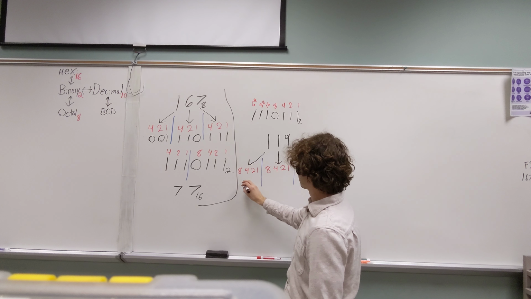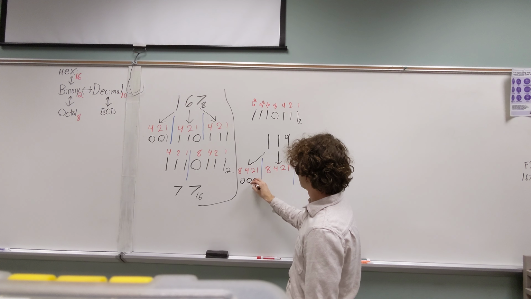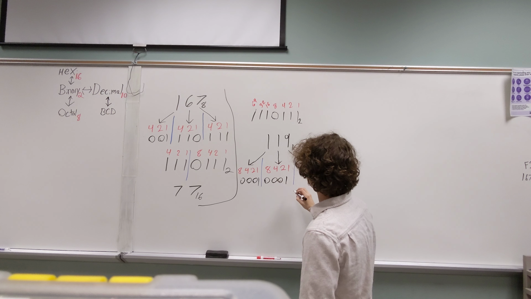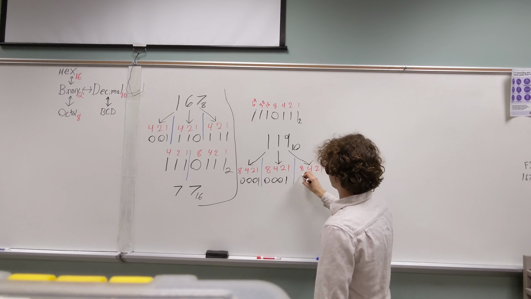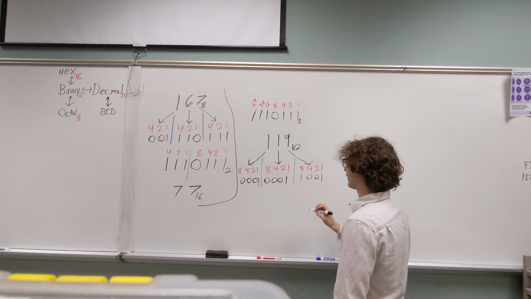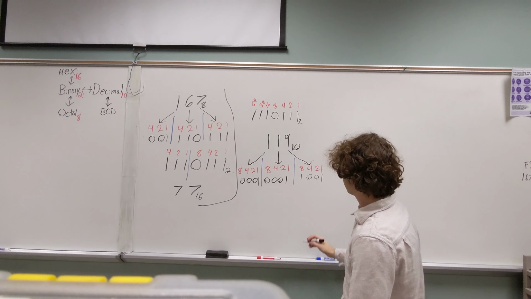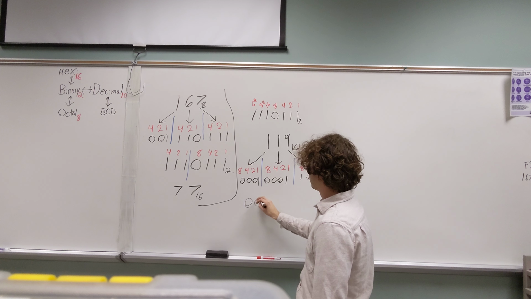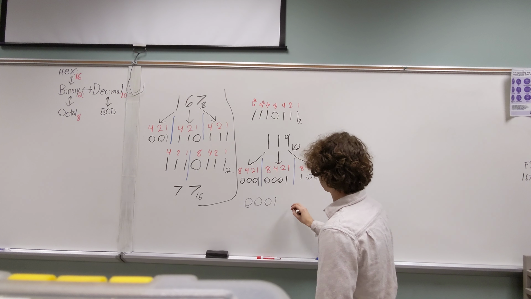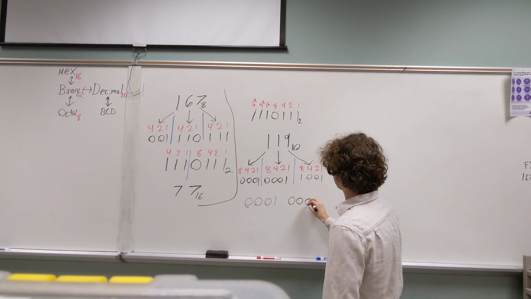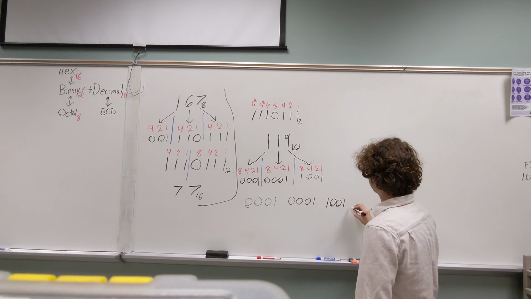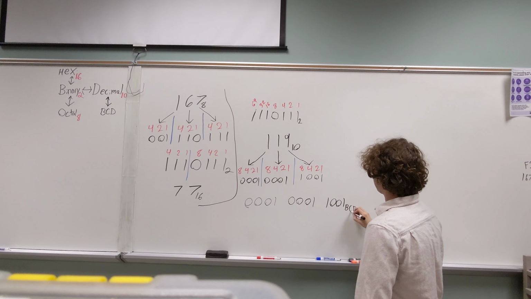So 1 is obviously just going to be 0, 0, 0, 1. We've got another 1, 0, 0, 0, 1. And then a 9 is going to be 8 plus 1, or 1, 0, 0, 1. And this is our final answer in BCD. 0, 0, 0, 1, a space, 0, 0, 0, 1, a space, 1, 0, 0, 1, subscript BCD.